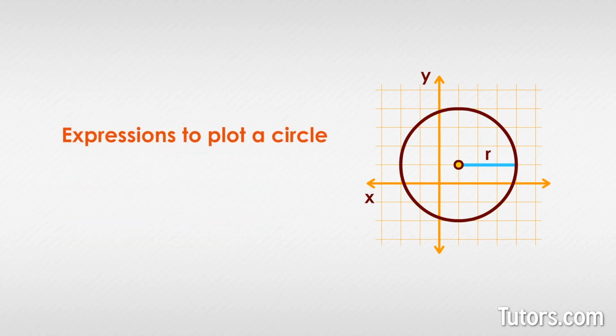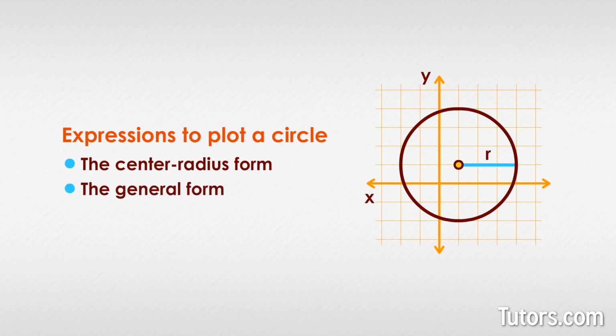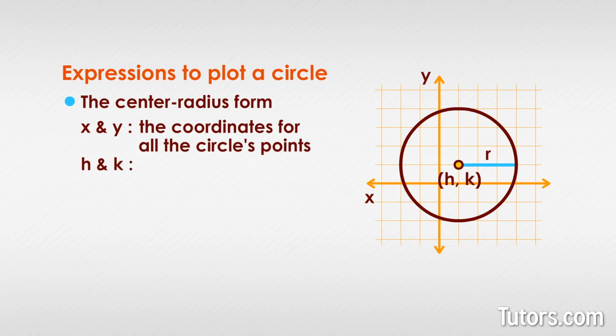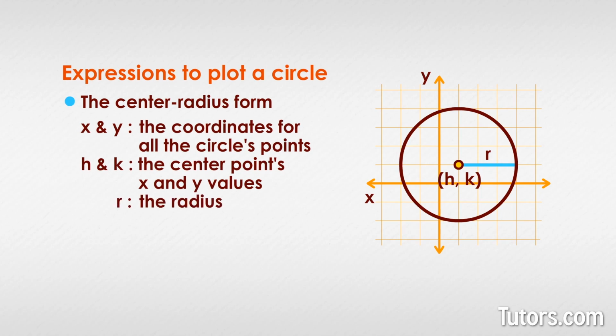There are two expressions to show how to plot a circle: the center radius form and the general form, where x and y are the coordinates for all the circle's points. H and k represent the center point's x and y values, with r as the radius. The center radius form looks like this: (x minus h) squared plus (y minus k) squared equals r squared.